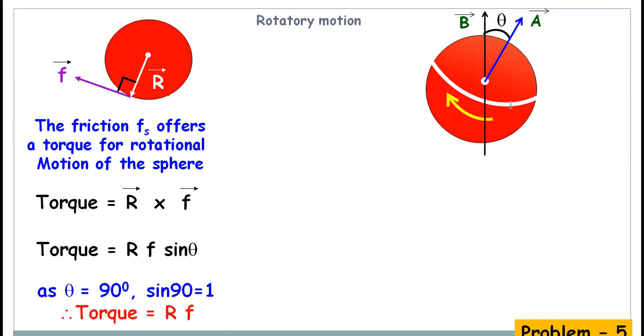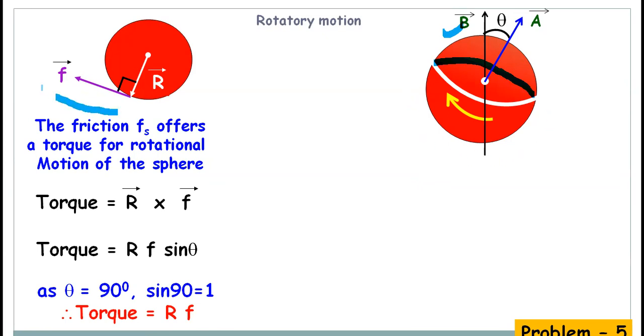Okay, now we are passing current through the coil. What have we studied in this lesson, in the third lesson? Whenever a current carrying coil is placed in a magnetic field, it is acted upon by a torque. So now when we pass current through the coil, since the coil is placed in a magnetic field, a torque will act on the coil. And this torque should act in the anti-clockwise direction.